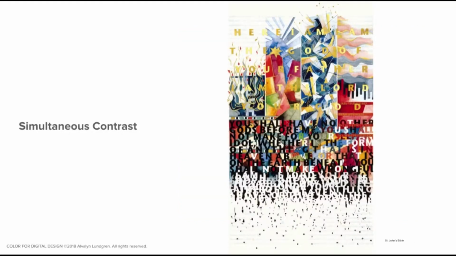Simultaneous contrast happens whenever colors are not complementary. So in this image, which is highly complex, containing both illustration and typography, the contrasts are myriad. There's a lot of color relationships going on, and therefore a lot of simultaneous contrast.